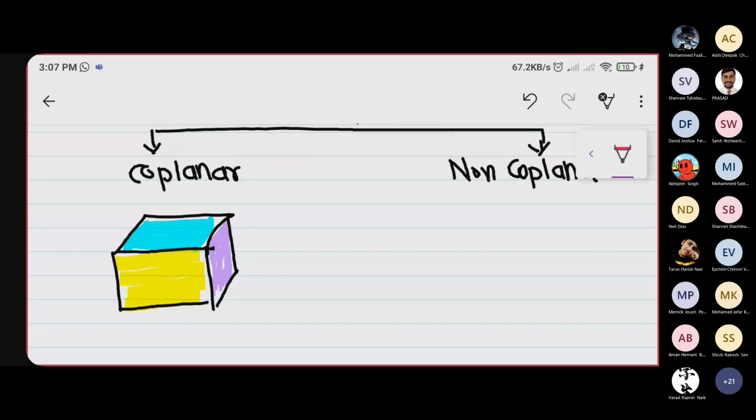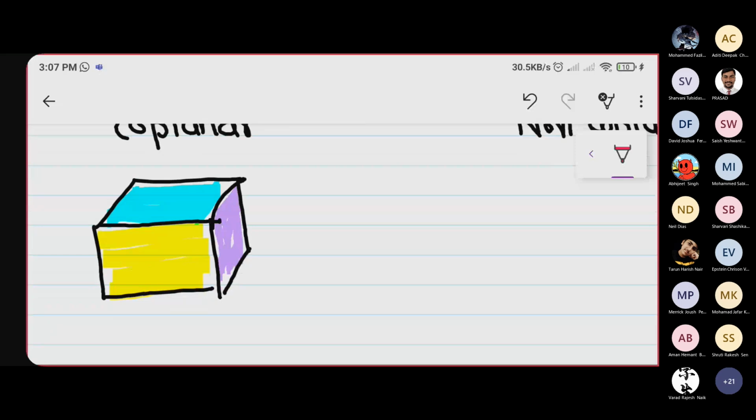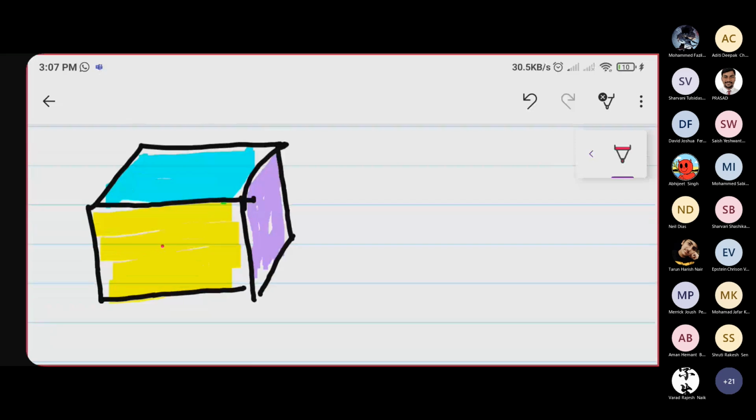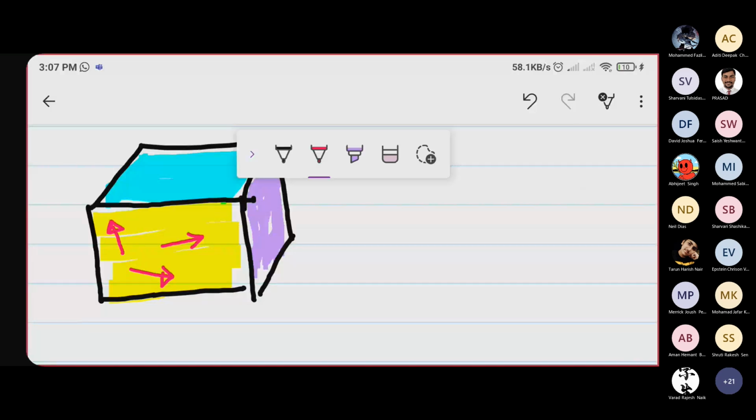Okay. Now, what is meant by coplanar? It means all forces will be in the same plane. And what is non-coplanar? If I want to show it, it is very simple.